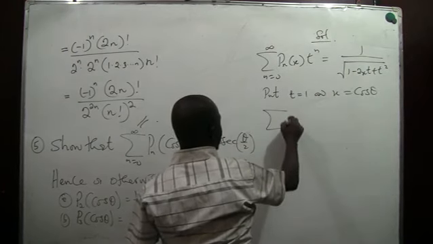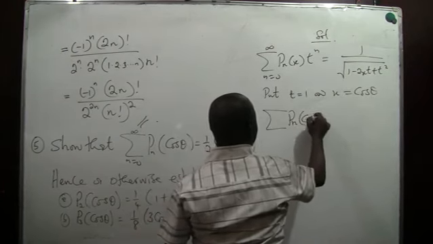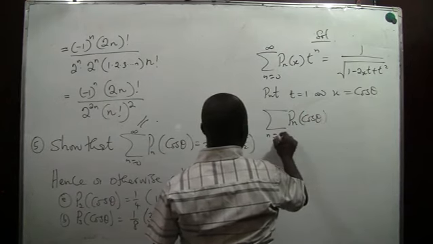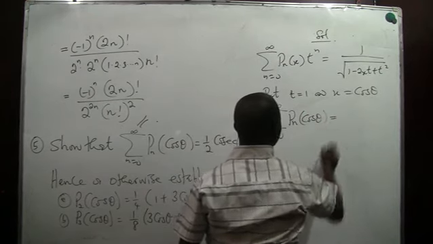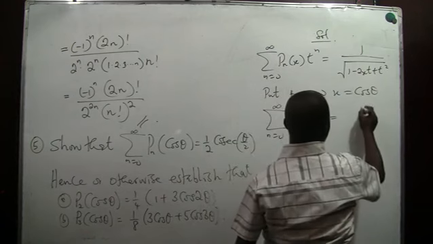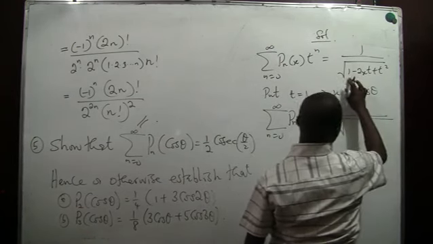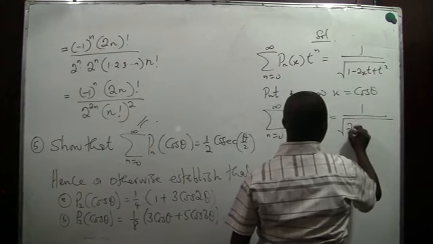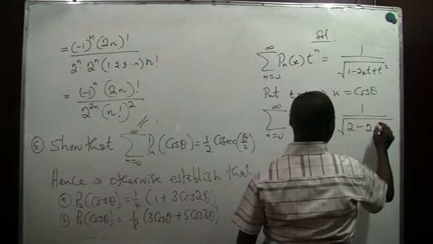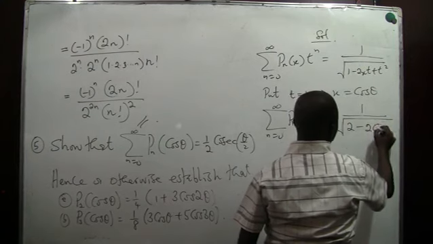That gives summation Pn of cos theta from 0 to infinity equals 1 divided by the square root of 1, that is 2, minus 2 cos theta.